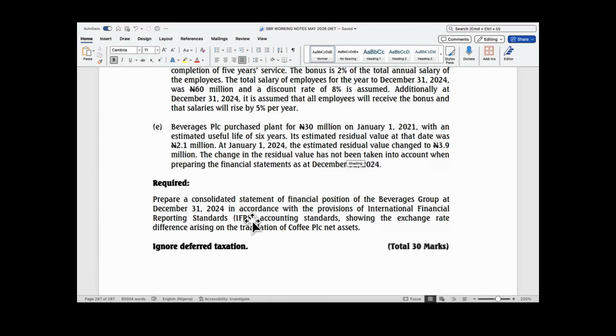So basically, we are supposed to prepare a consolidated account, and I can see that they want us to show exchange rate difference arising on translation of Coffee PLC net asset. So that means that I'll be saying things like foreign subsidiary in this question. So I'm already prepared for that. Okay, I know that this is 30 marks and they want me to ignore deferred taxation entirely in this question.